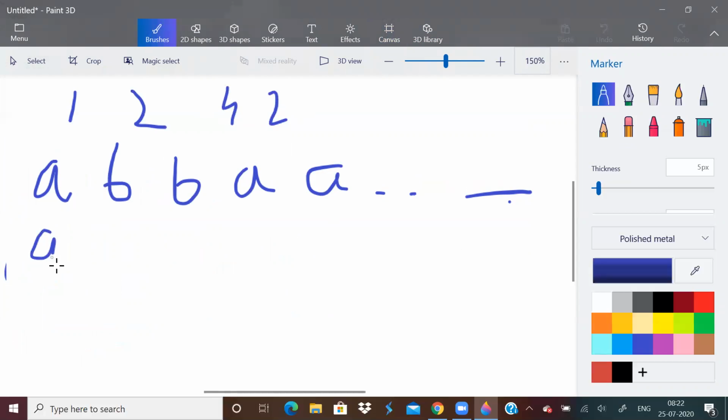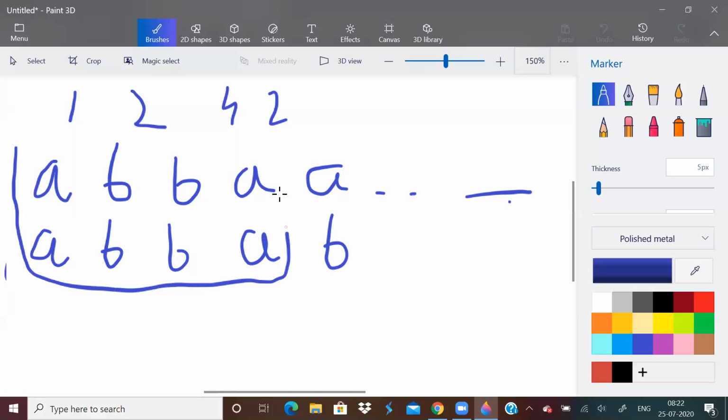So the fourth string should look something like this. The longest common prefix will be 4 now. Prefix means the first, initial characters. The first 4 characters are equal. So this is the fourth string.